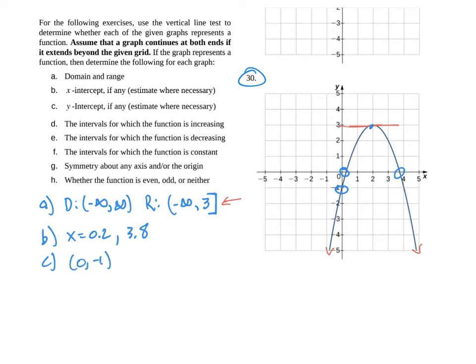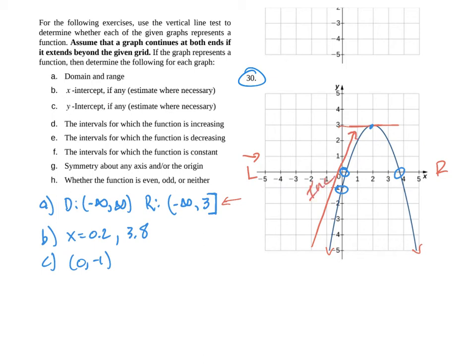The intervals where the function is increasing. So increasing, in case you don't know what that means, increasing means moving upward from left to right. So as I start over here on the left and I work my way to the right, the place on the graph where this thing is moving upward is right here. This is called increasing.